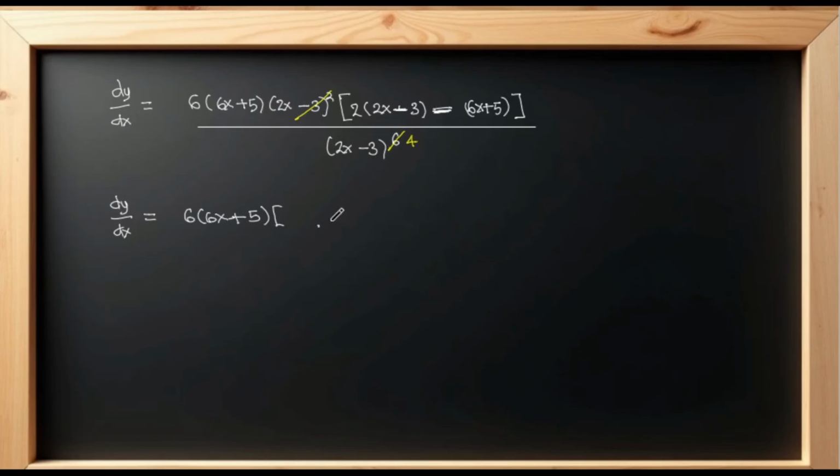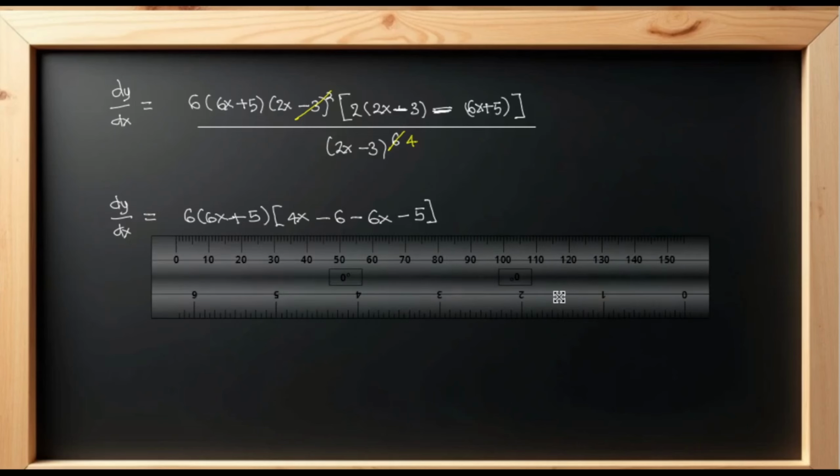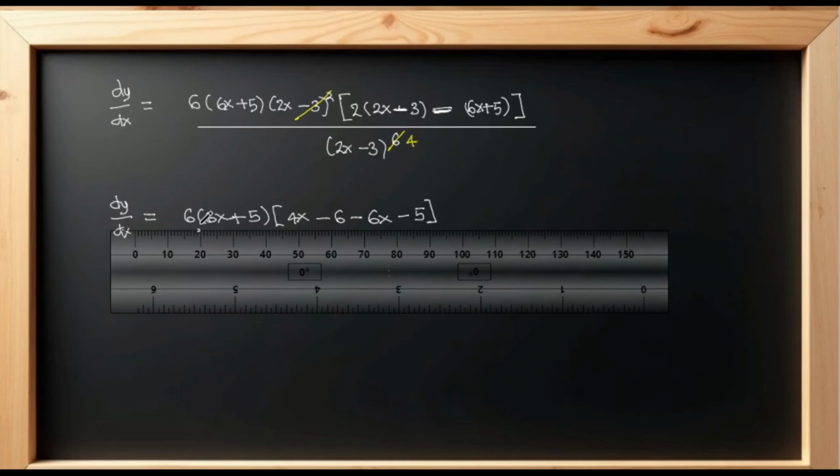So 2 times 2x we get 4x, and then 2 times negative 3 we get negative 6, and then negative 1 times 6x we get negative 6x, and then negative 1 times positive 5 we get negative 5, and we rewrite the remaining term from the denominator after reducing it with one of that term in the numerator.